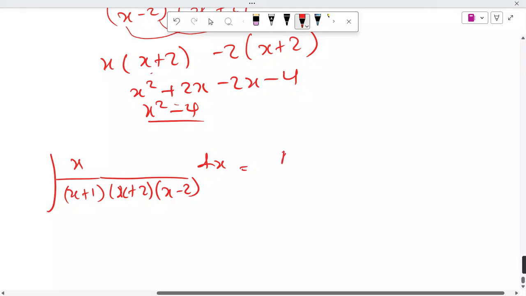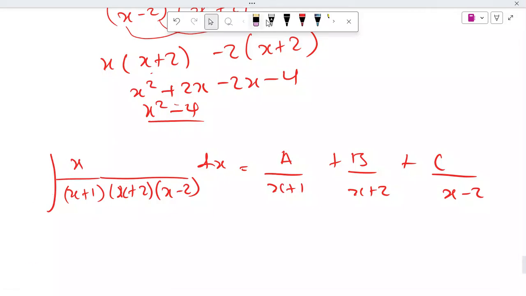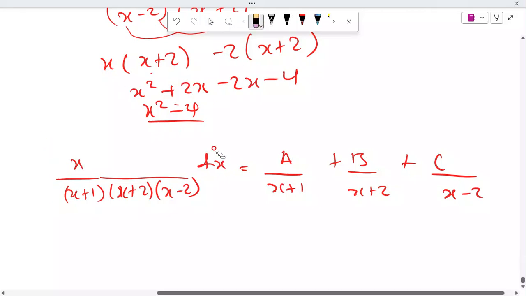This is equal to A over x plus 1 plus B over x plus 2 plus C over x minus 2. No need to write an integration here since we are decomposing, so just remove this. We are decomposing this into individual components so that our integration becomes simpler.